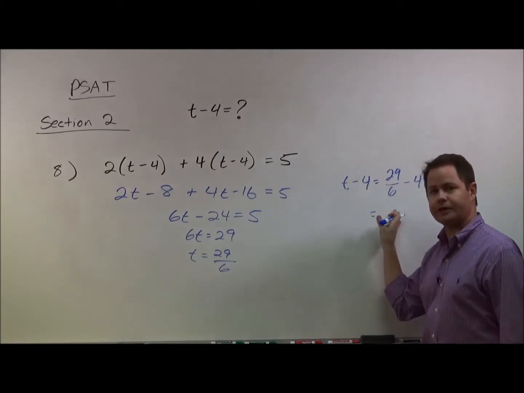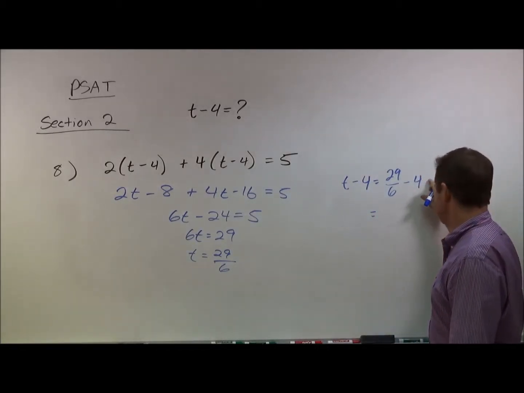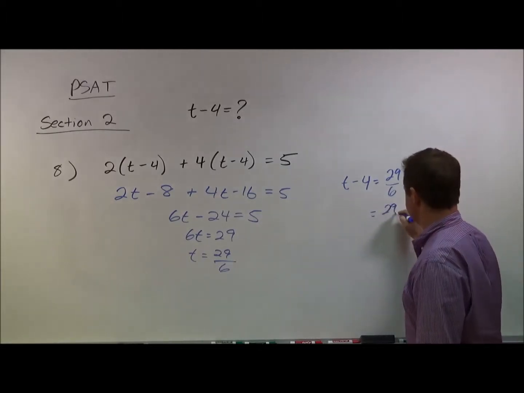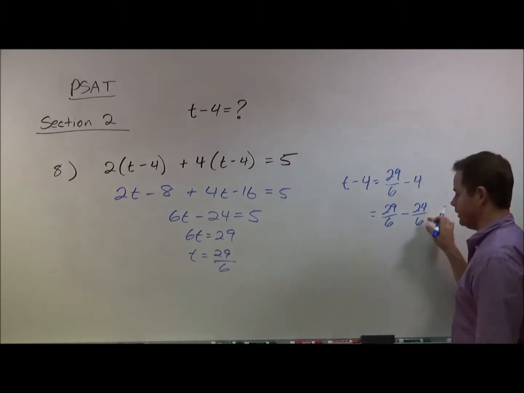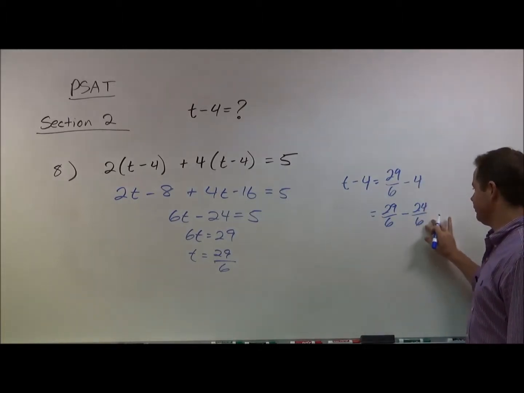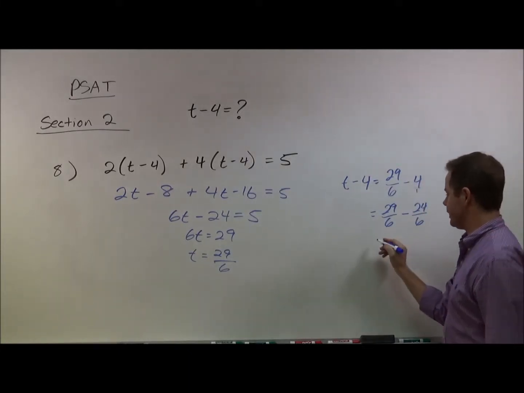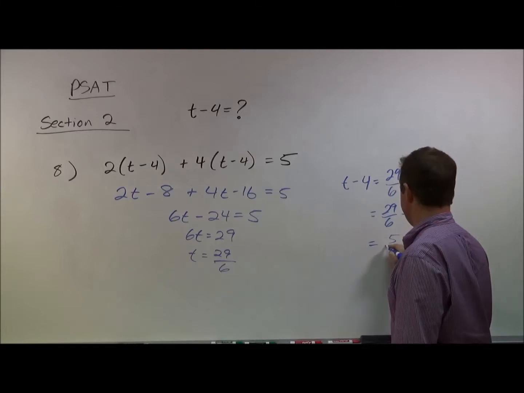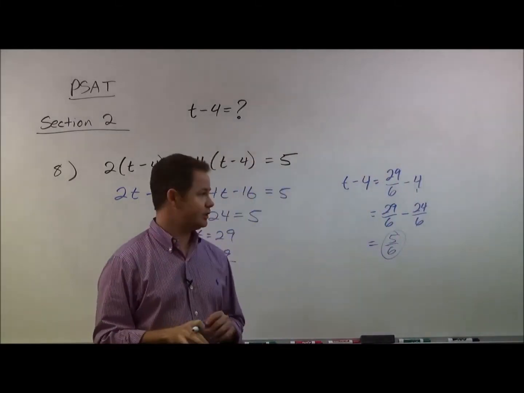If you find a common denominator, you could put the 4 over a 6 and make it into 24 over 6. 24 divided by 6 is 4, so we're just converting the 4 over a 1 into a 24 over a 6. Then we subtract those values and we get 5 over 6 as our final answer for this question.